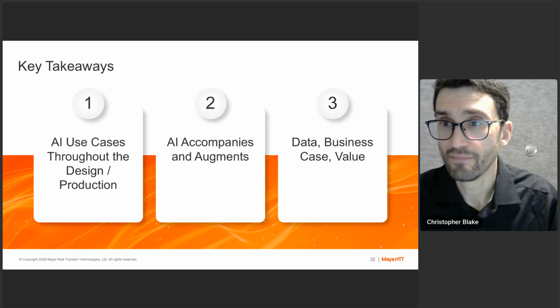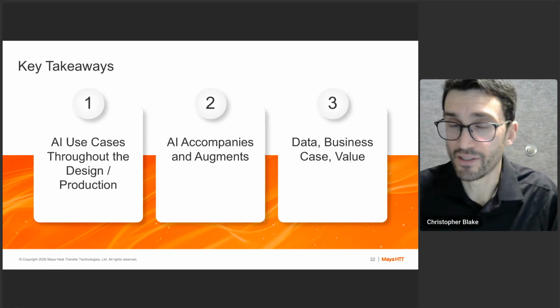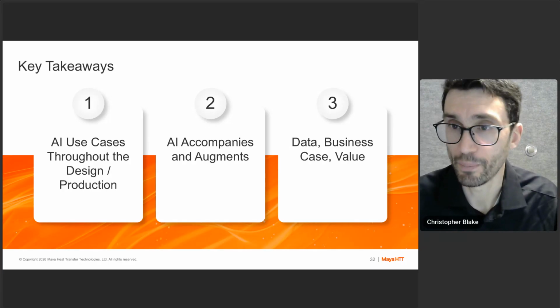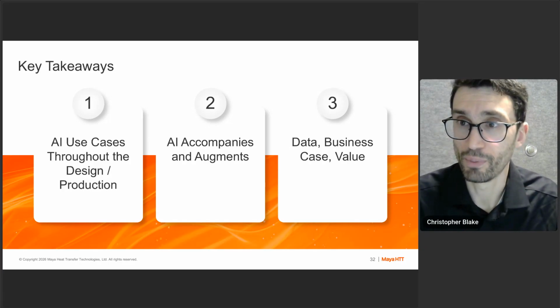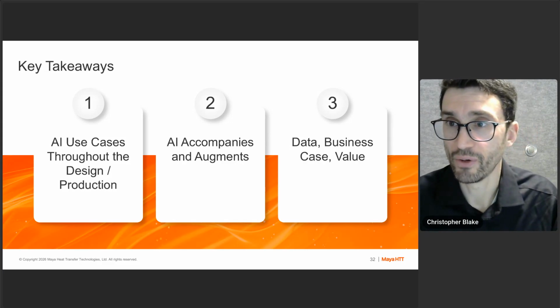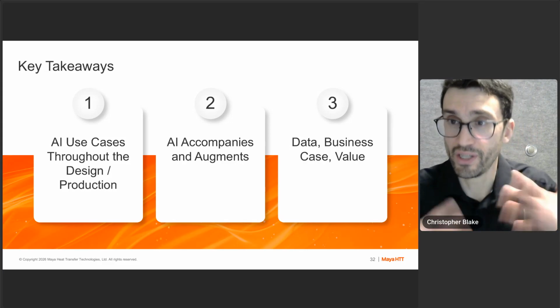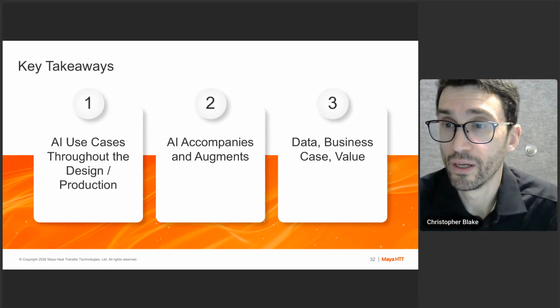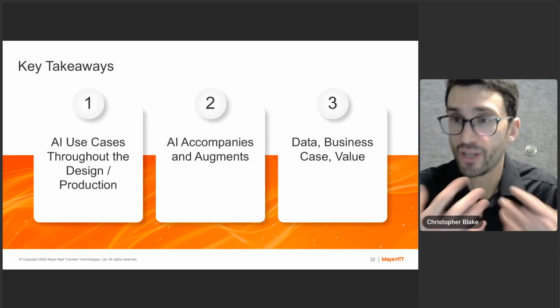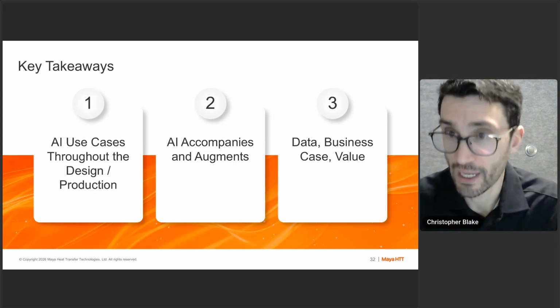Remember, despite the sophistication of these algorithms, AI is meant to accompany and augment, not replace. It's meant to remove those non-value add, tedious tasks so that it frees us up to do the more business, engineering, design type tasks.